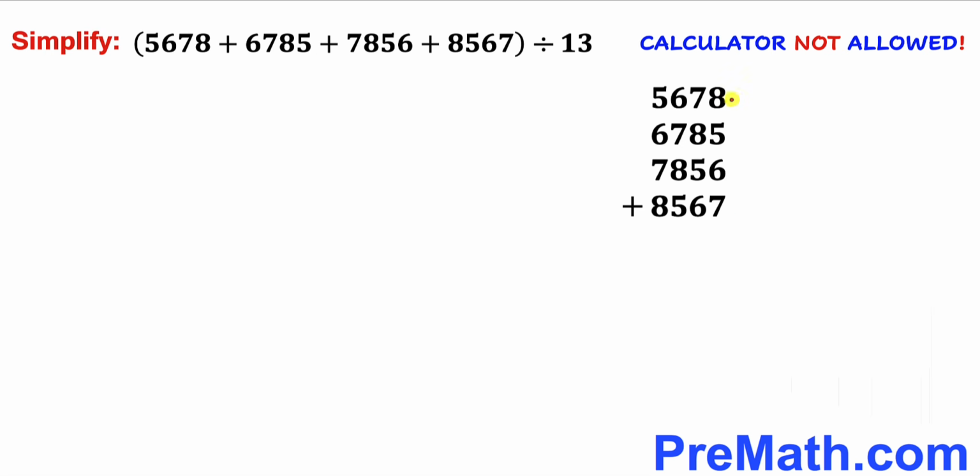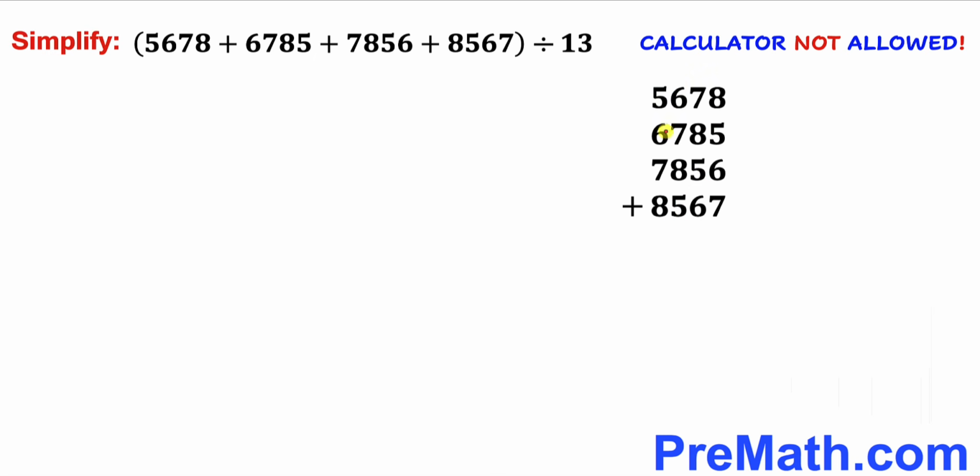Now let's make an observation. This position is our units, this is tens, this is hundreds, and this is thousands. Our thousands position is 5, and this hundreds position is 5 as well. The tens position is 5, and then 5.